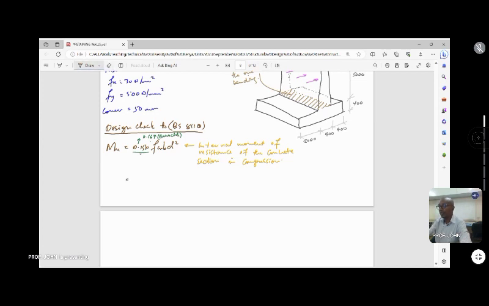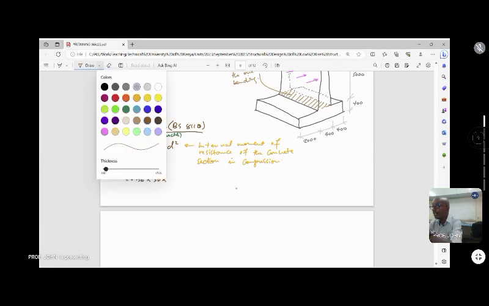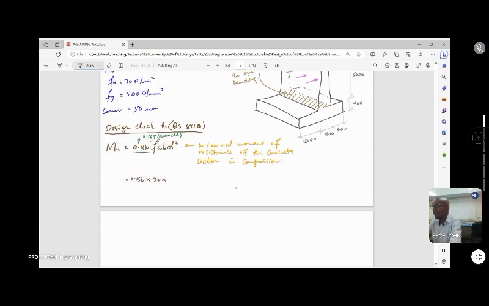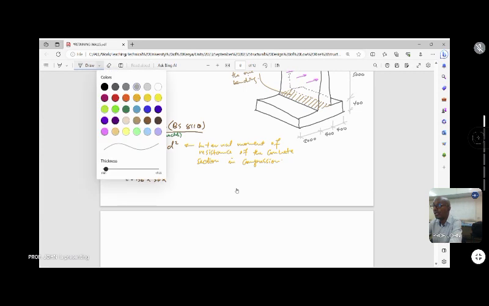So therefore, Mu is equal to 0.156 multiplied by, what is our fcu, 30, multiplied by b. Now b, so I'm pulling this section here that we have said we are trying to design, and I'm just redrawing it in elevation.